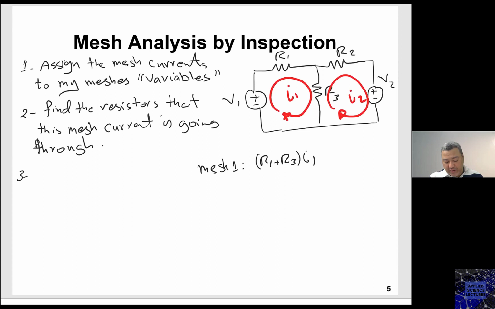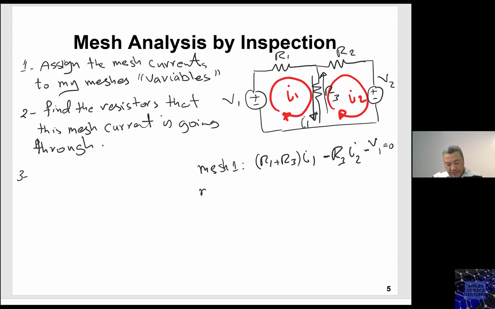It's going from the top to the bottom. How is I2 going in R3? Going from the bottom to the top. So they are going in opposite direction, then you put minus R3, I2, and then you look at the voltage sources. If they are entering through the negative, you write them as negative. That's it.